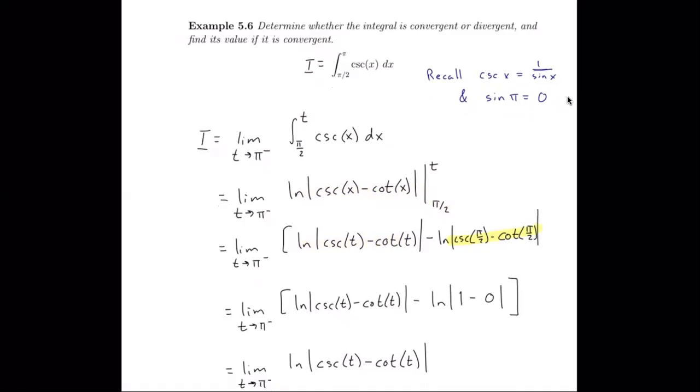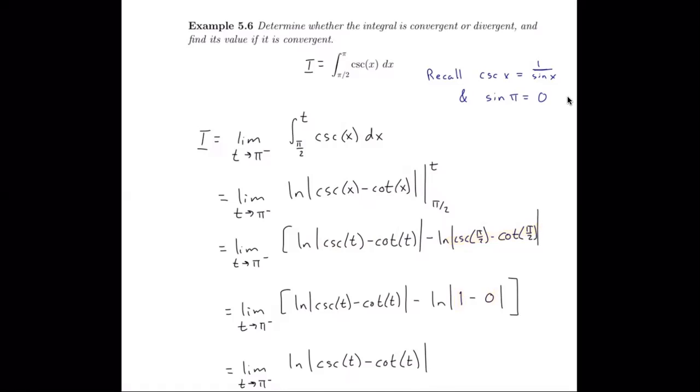Cosecant of pi over 2 is 1 over sine of pi over 2. Sine of pi over 2 is 1, so that's 1 over 1. Leaves us with a 1. Cotangent of pi over 2 is cosine of pi over 2, which is 0, over sine of pi over 2, which is 1. So it's 0 over 1, and we get 0. Write all that out if you need to, but you should find that we get the same values I have down there.